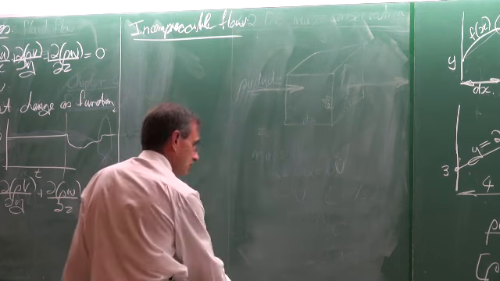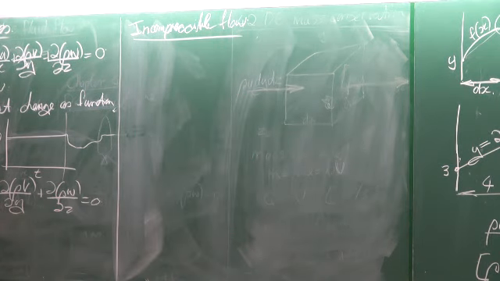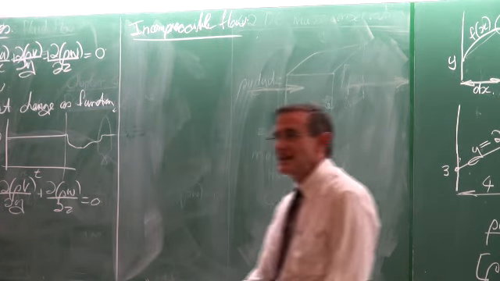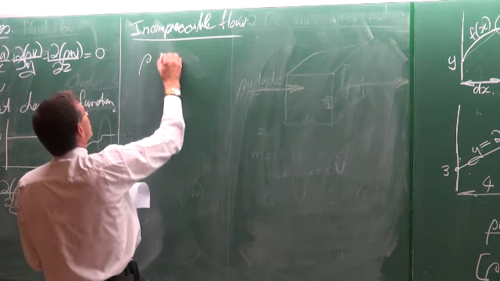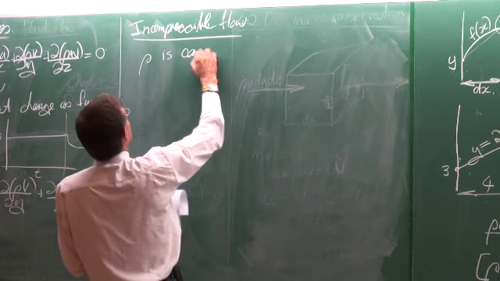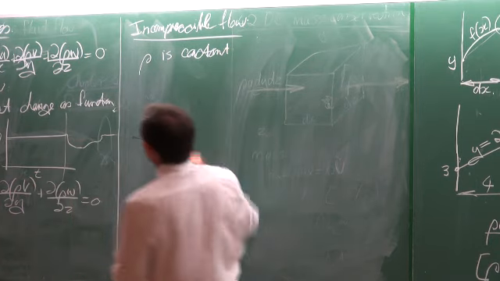Incompressible flow. Incompressible flow is when the density stays constant. Okay, so rho is a constant.